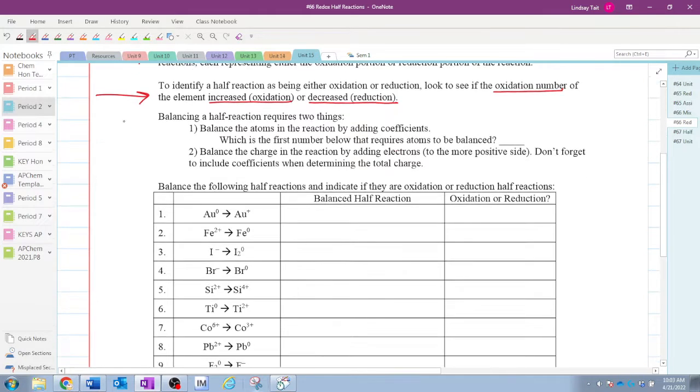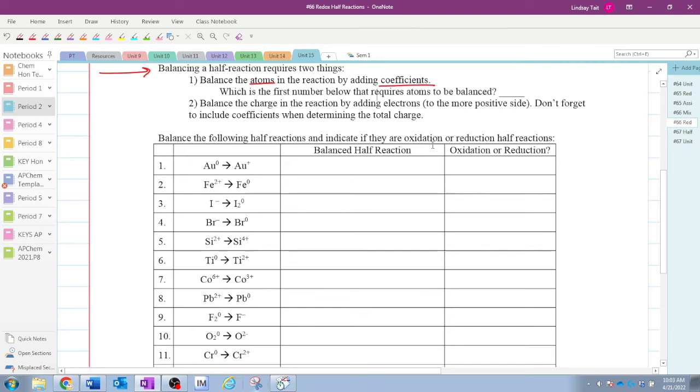We're going to do examples here, but that's all I need to look for. And then lastly, we are going to balance these half reactions. But don't panic, they're not super crazy. There's only 2 steps. Step 1 is you try to balance your atoms by adding coefficients. The only time you ever need to do this is if one of your elements has a subscript on it. So I'd like you to look at this table right now and figure out what is the first question in this table where I would have to balance atoms using a coefficient.